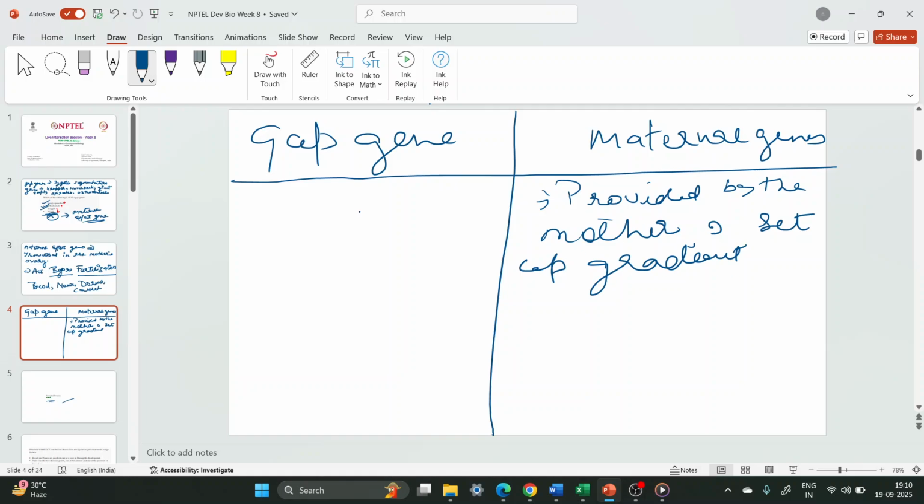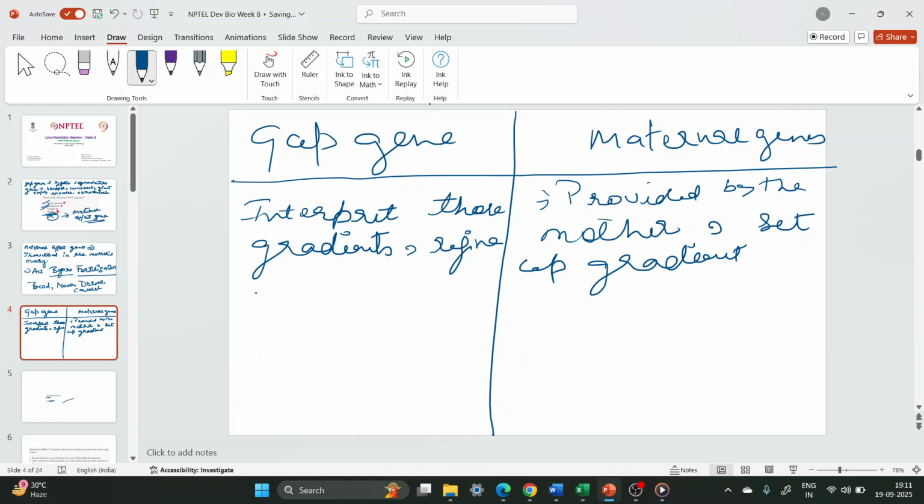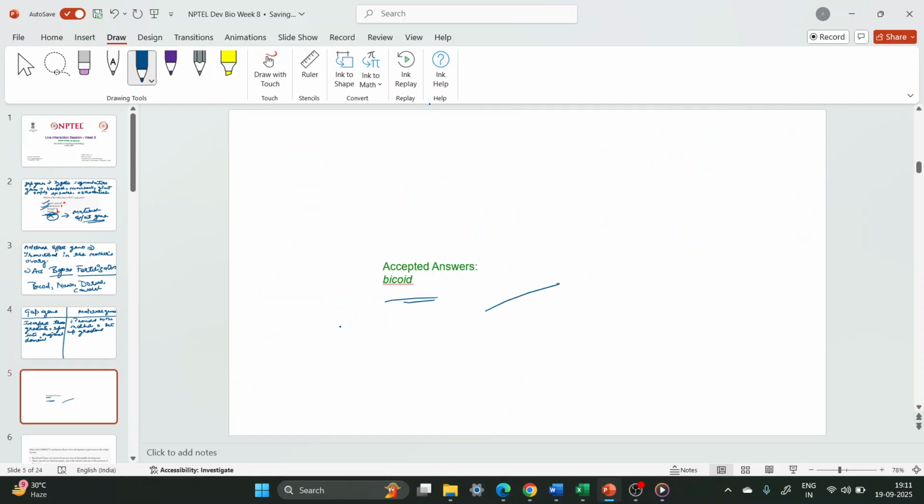Whatever gradients have been set by the maternal genes, the gap genes read or interpret those gradients and refine them into regional domains. Okay, so I hope this is clear to you.